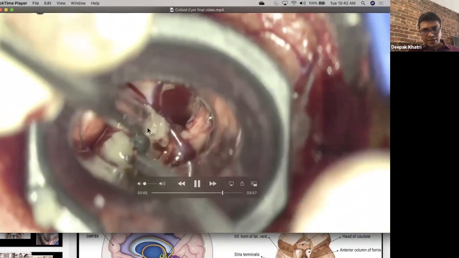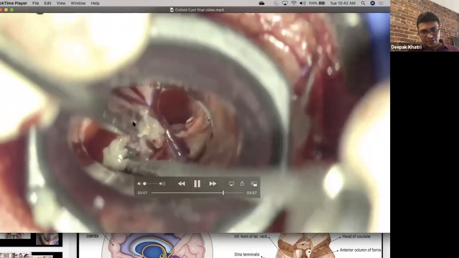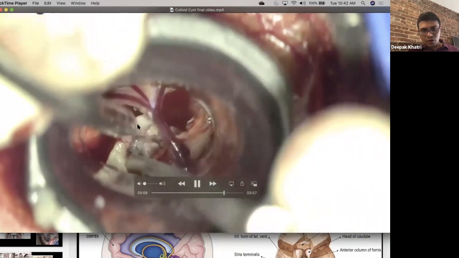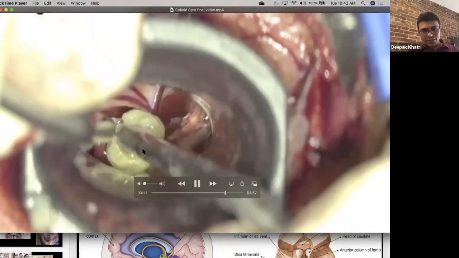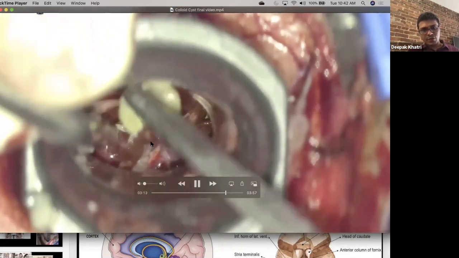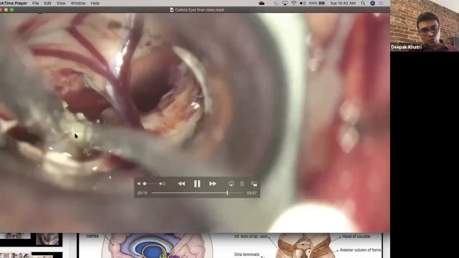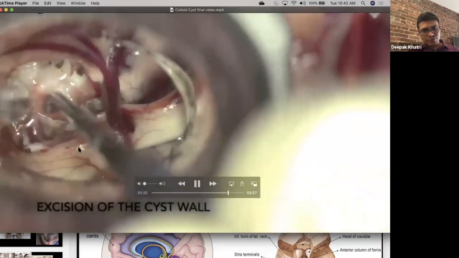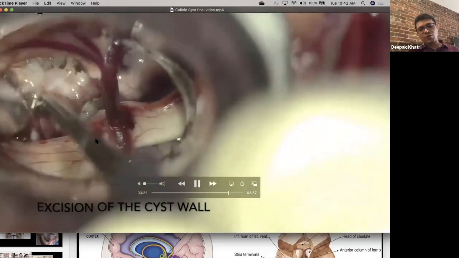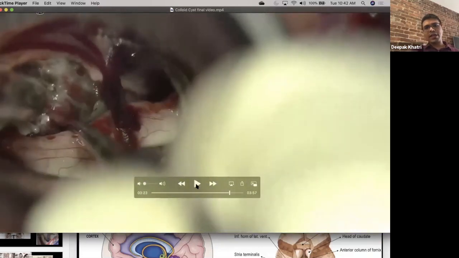So remember, traction and counter traction. Using the suction, we are lifting the wall of the cyst here and removing the solid contents of the cyst. This is the cyst wall, which we have to remove. The cyst wall is the actual site of production of the contents of the cyst.